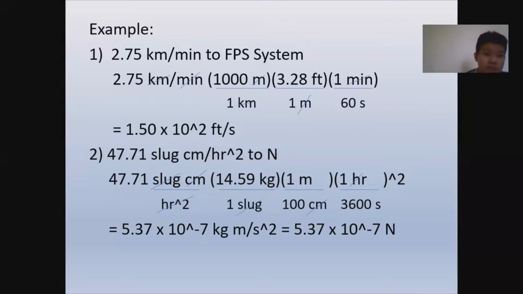And the second example is 47.71 slug centimeter per hour squared. We change it to Newton. How do we change it?